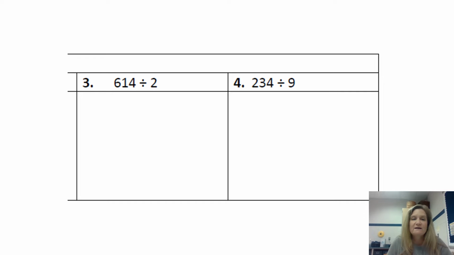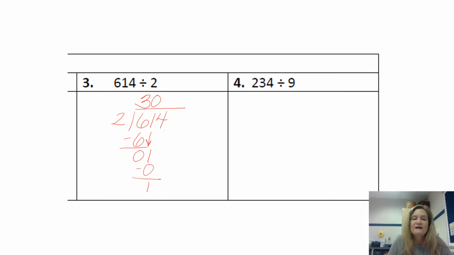Question number 3. 614 divided by 2. 6 can be divided by 2 3 times. 3 multiplied by 2 equals 6. Subtract, you get 0. Bring down the 1. 2 cannot divide 1, so we write a 0 above the 1. 0 times 2 equals 0.